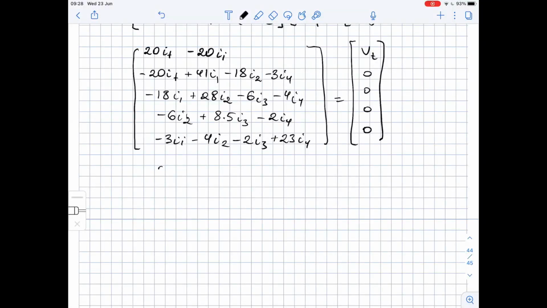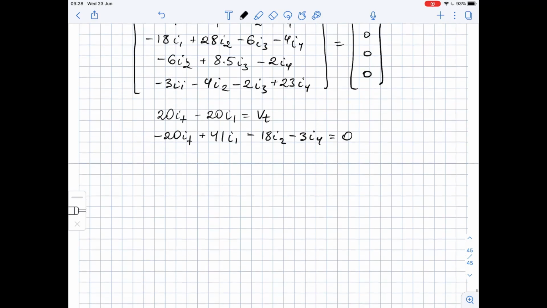The first one is 20 IT minus 20 I1 equals VT. Next one is negative 20 IT plus 41 I1 minus 18 I2 minus 3 I4 equals 0.